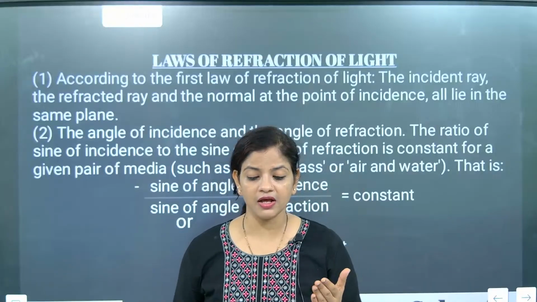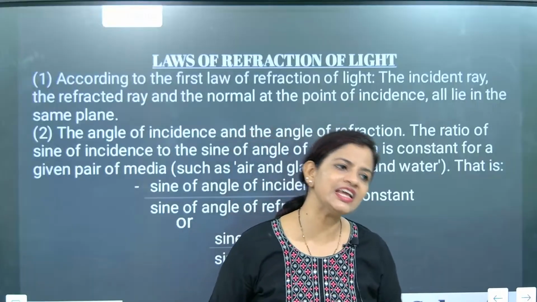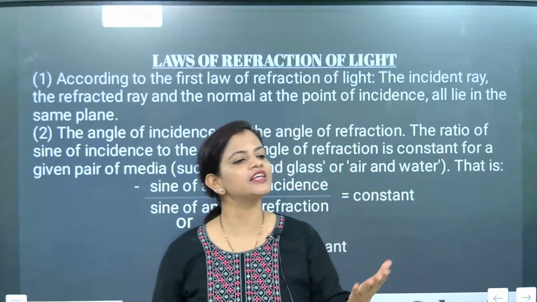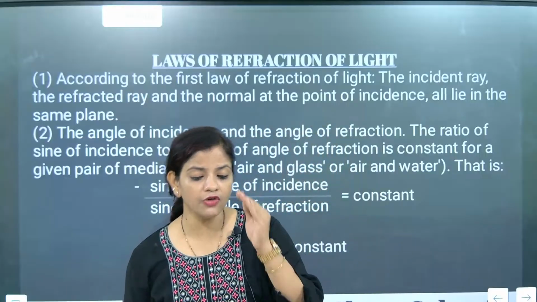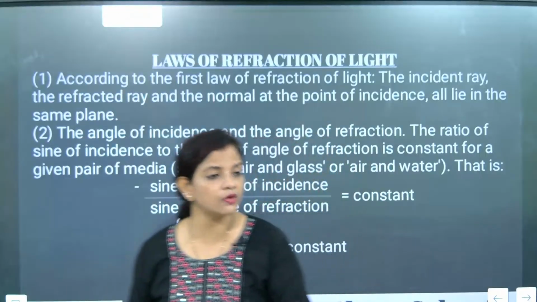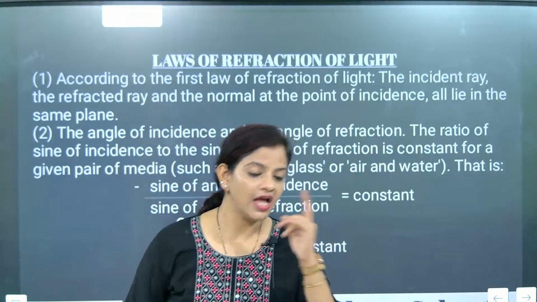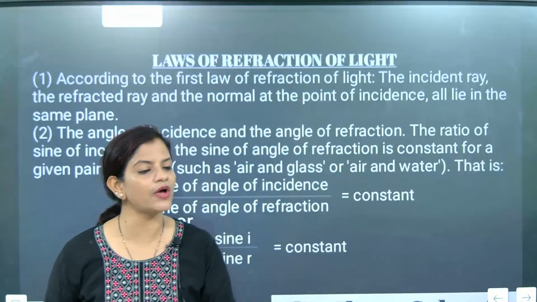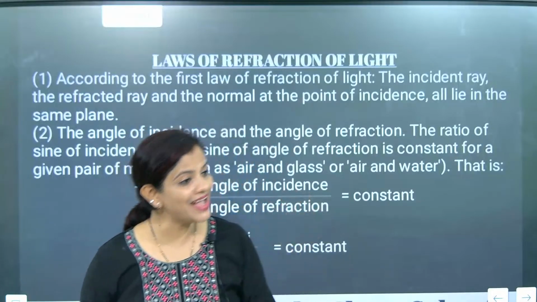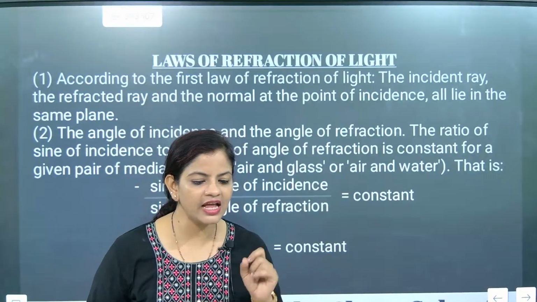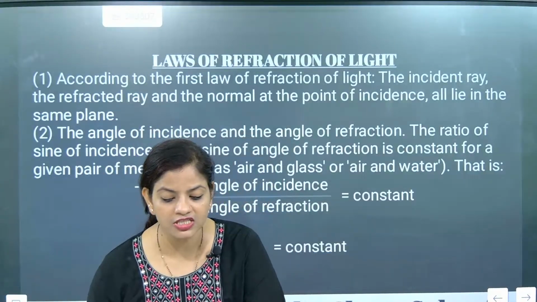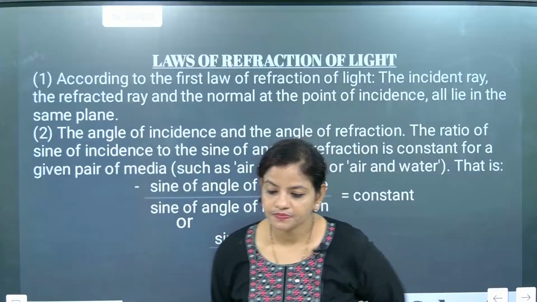One can be rarer, and the other automatically becomes denser. If the first one is denser, the other will become rarer. So that means the angle of incidence will not be equal to the angle of refraction. But yes, sin i by sin r will give you a constant.